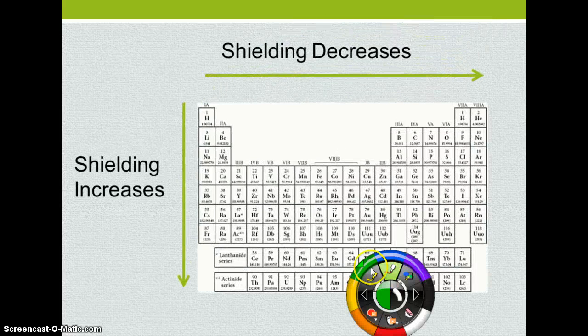It's not going to be as strong an effect for attraction. So as you move left to right across the periodic table, shielding decreases, and as you move top to bottom down the periodic table, shielding is going to increase.